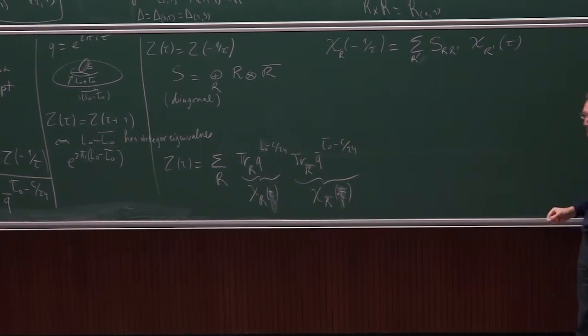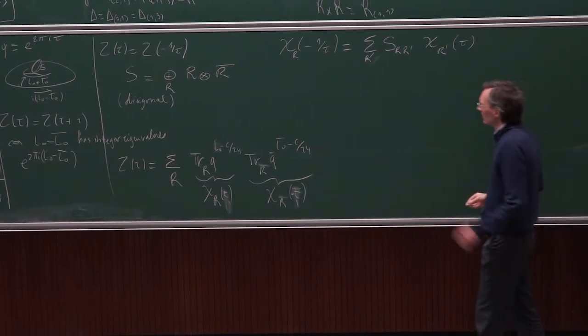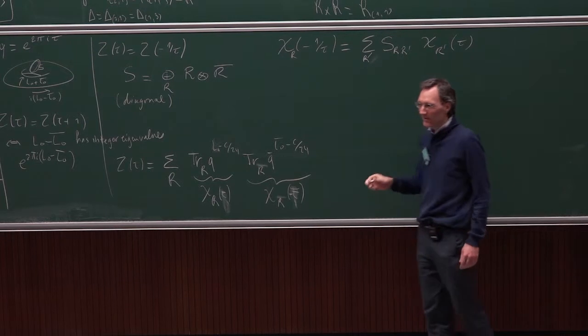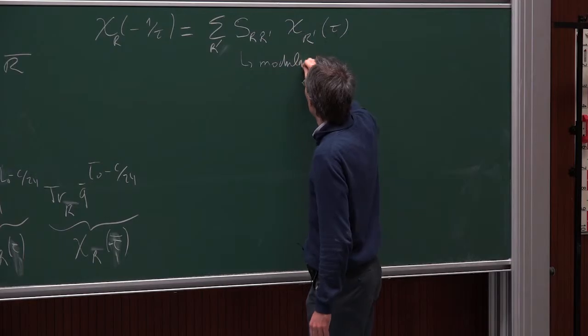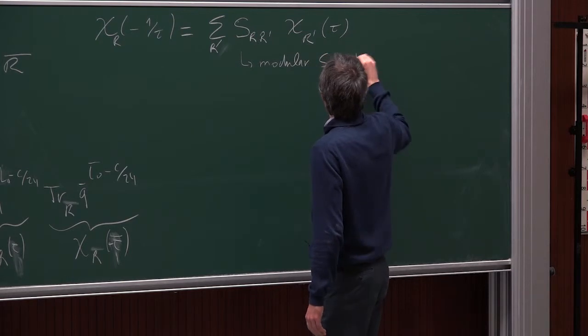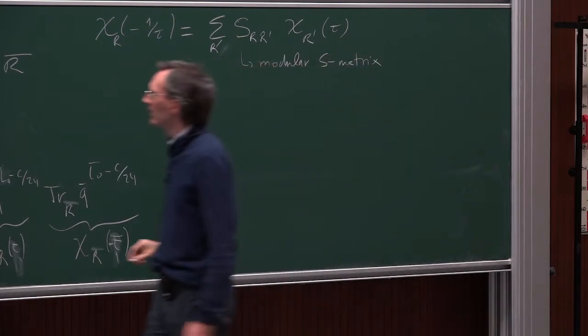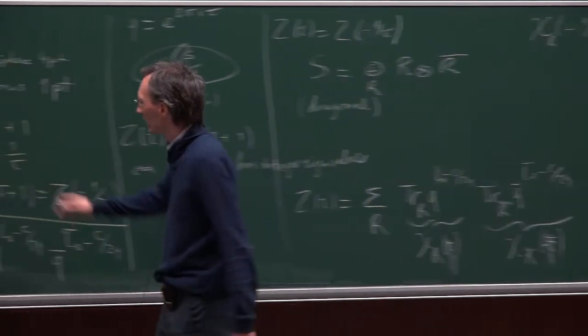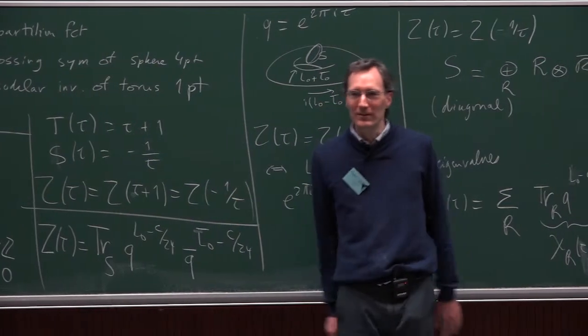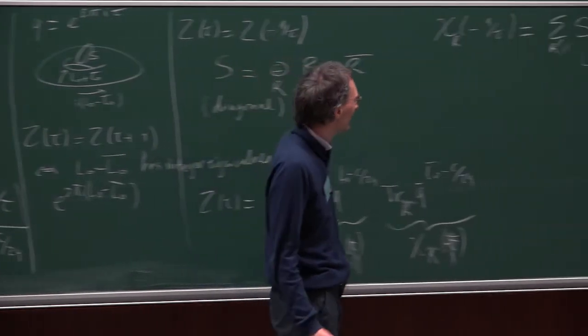And now I must really apologize because I'm using S for too many things. So S here is called the modular S matrix. S here is the spectrum, and I also have an S which is this transformation. But okay, I hope you will not be too confused.